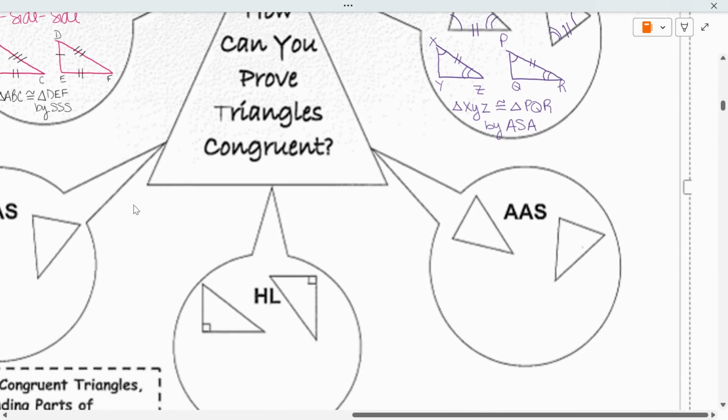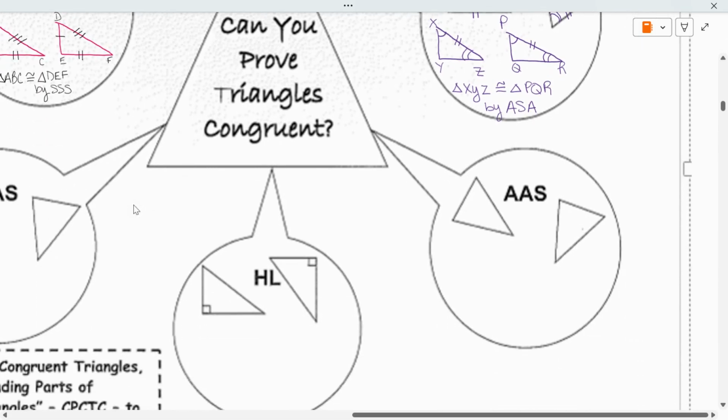Okay. Angle, angle, side. This one means that you have two angles and then a congruent side. This one is different than the one before it because the congruent side is not in between the two angles. The congruent side does not lie in between the two congruent angles.